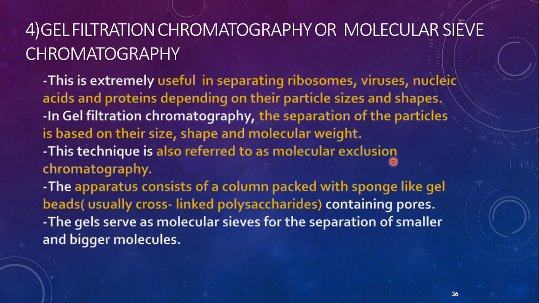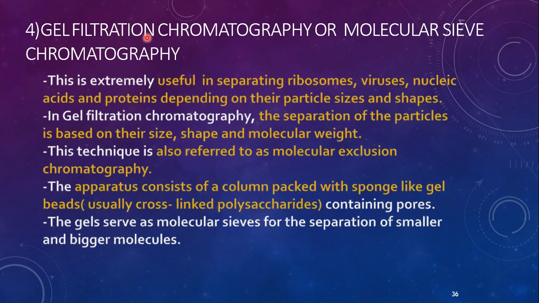Now the second point in classification is gel filtration chromatography or molecular sieve chromatography. Here the term gel is used, meaning some large molecules, some polymers or other large macromolecules, are dissolved in a solvent. That type of solution is called a gel.